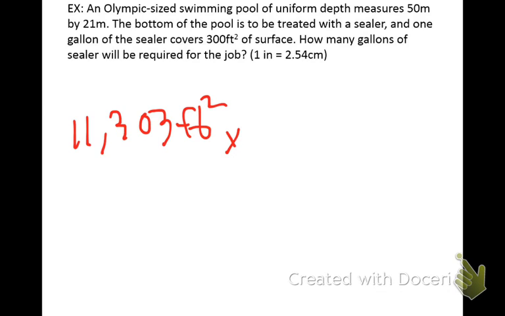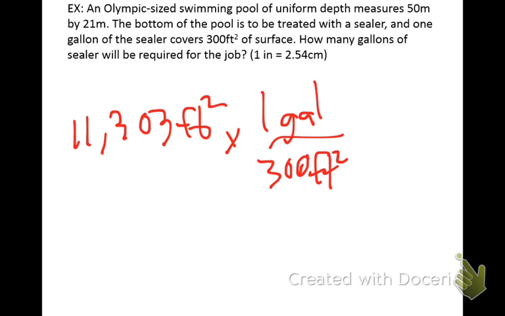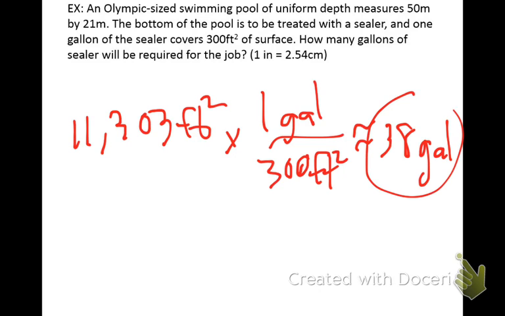Yeah, we can take times 1 gallon over 300 feet squared. And I can't buy a part of a gallon of sealer, so how many gallons would I have? Yes? 38. Yeah, you'd have approximately 38 gallons of sealer needed.